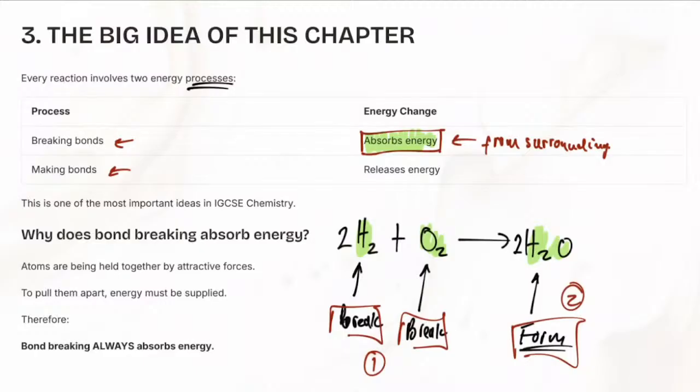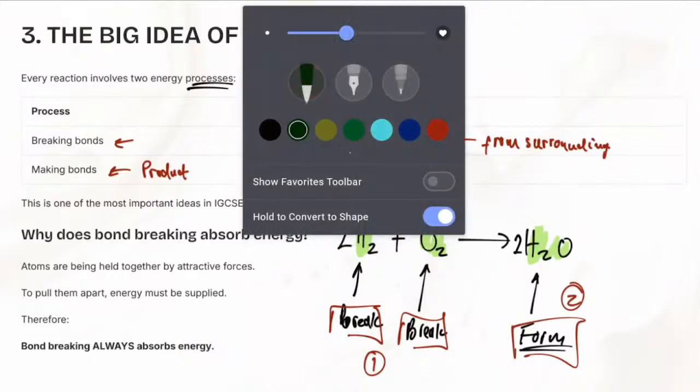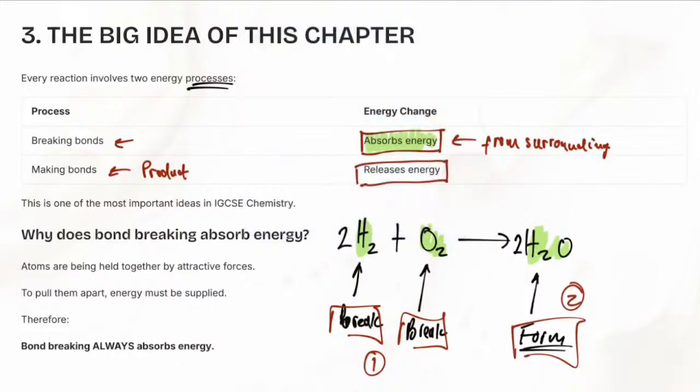Then after that, you now need to make bonds of the product. How? By releasing energy. I don't care whether you agree with it or not. Automatically, you should know that bond breaking needed energy. It was endothermic, absorbing energy from the surroundings. So automatically, when you are now forming bonds, it's the opposite.